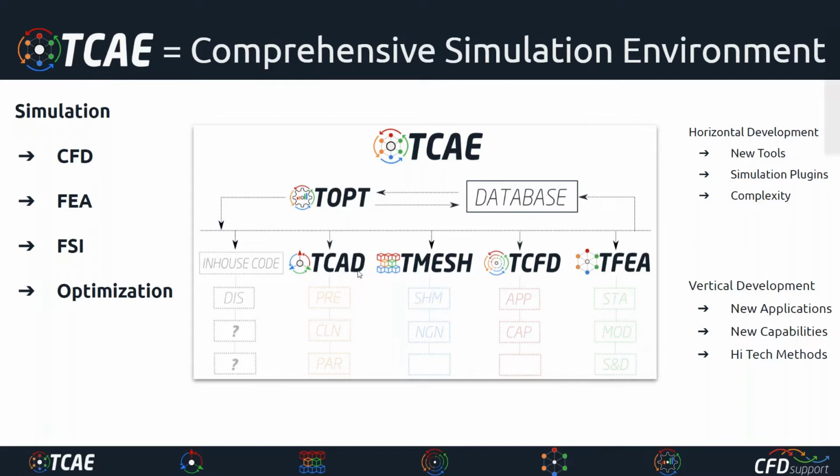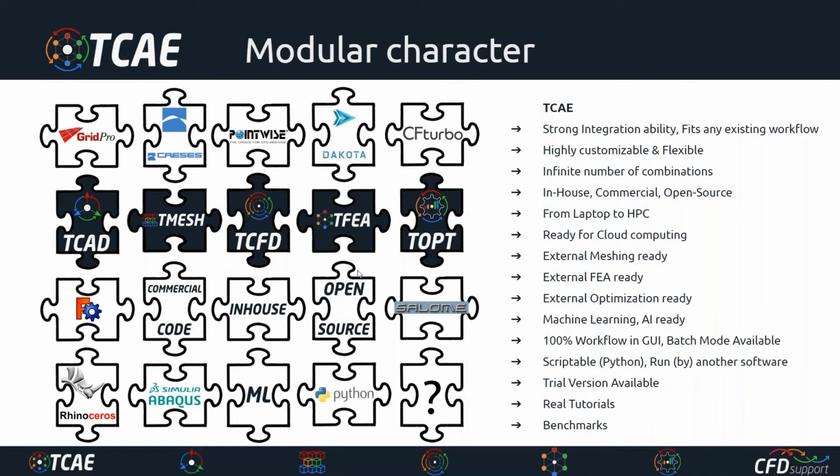And practically you can use them in a way you like, because TCAE has a modular character. It means you can play a puzzle. You can pick any piece of software and plug it in, and it will very likely create a very effective workflow. Because TCAE has a strong integration ability, it can fit any existing workflow possible. It's highly customizable and highly flexible.